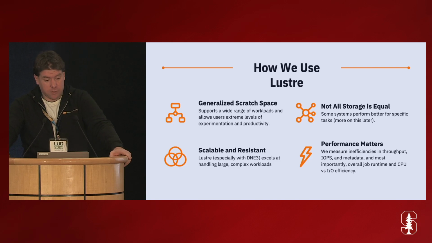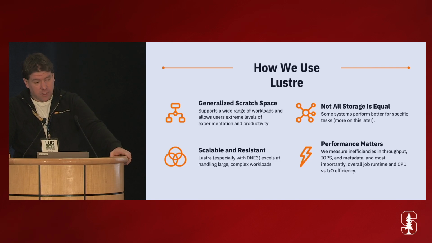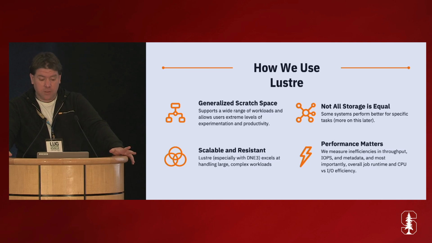It hasn't changed in 25 years. But also, we use Lustre for the scalability, resiliency, and resistance to heavy concurrency, meaning lots of concurrent tasks, CPU cores, et cetera, at scale. We've found that most NFS systems cannot handle that very well. And as I said, performance does matter.